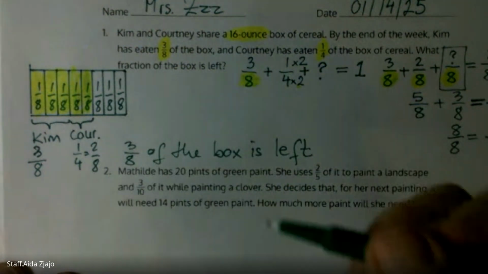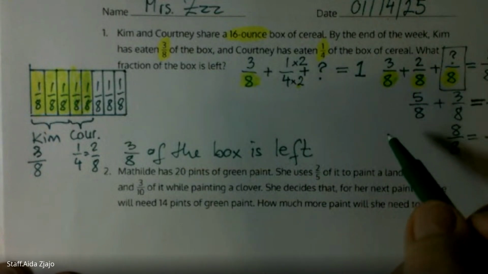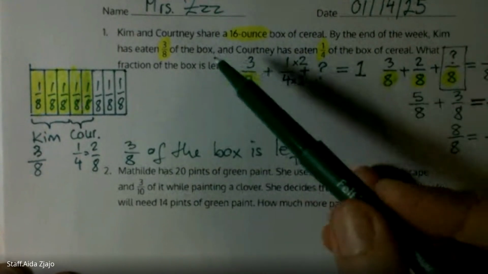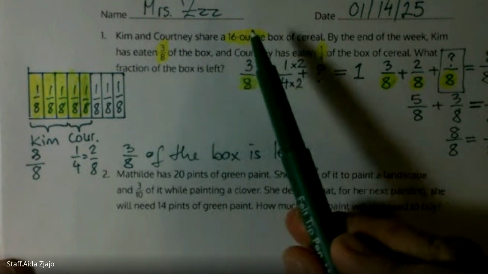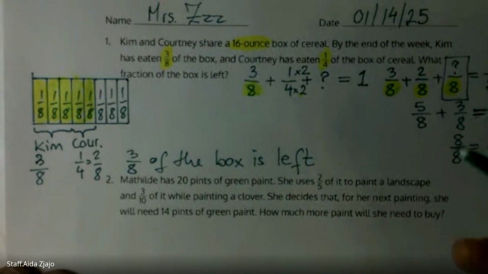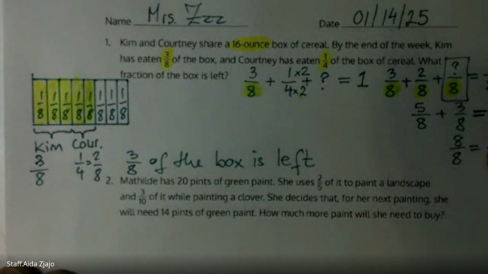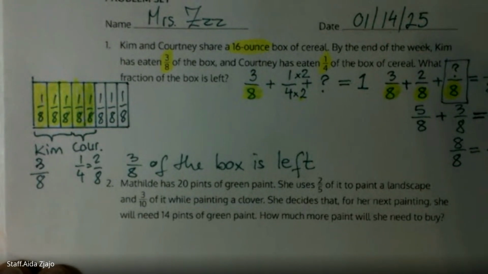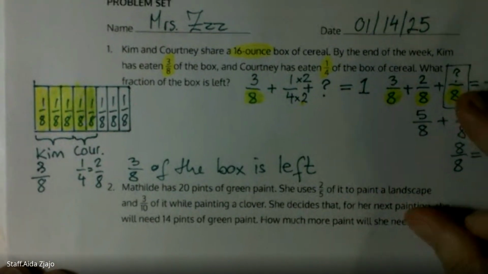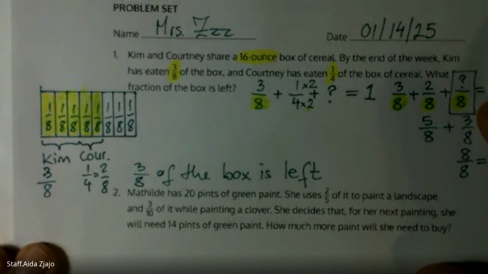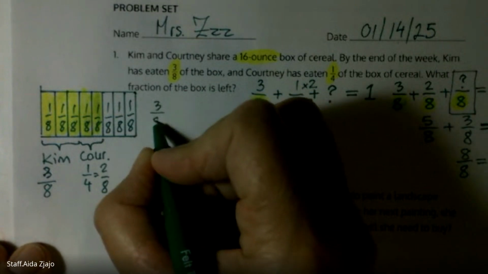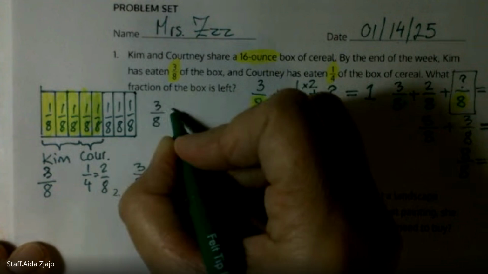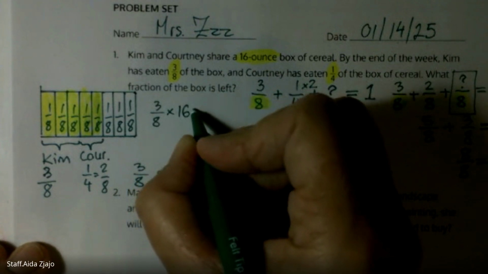There is another way that we can solve this problem, if we think about what is 3/8 of 16, and what is 1/4 of 16 as well. So if you would like to do that, we can say, what is 3/8 of 16?